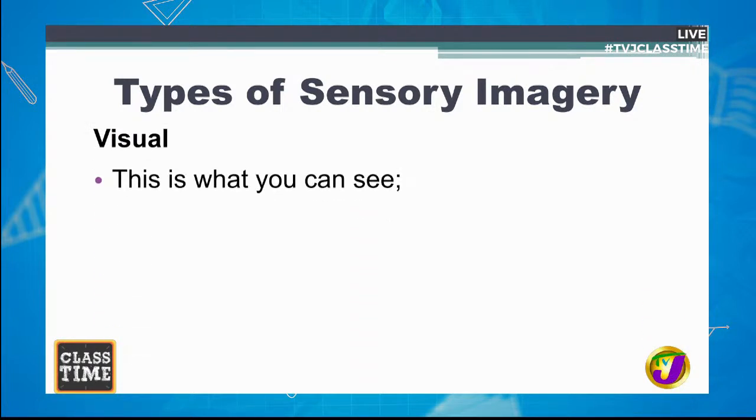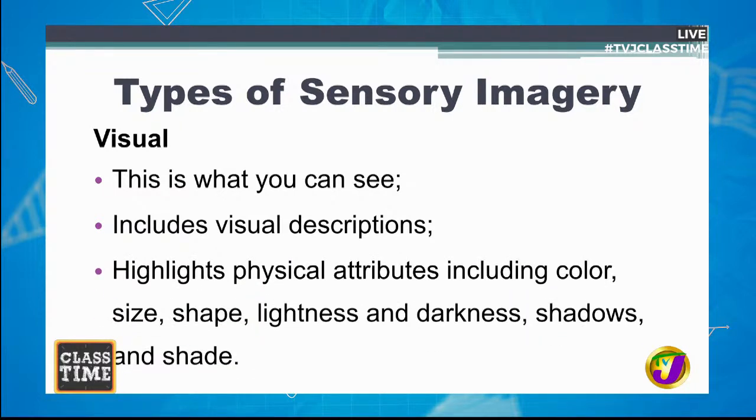The visual, of course, is what you can see. Makes sense. So when you're talking about the visual images, you're looking at visual descriptions. You're looking at what attributes are highlighted, such as color, size, shape, light and dark, shadows, shade, that sort of thing.